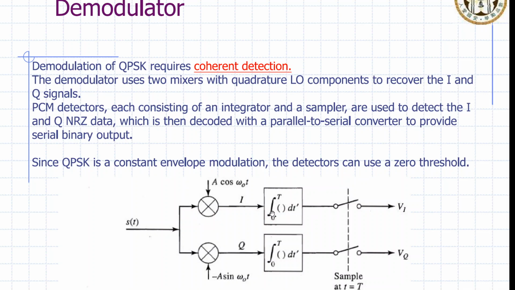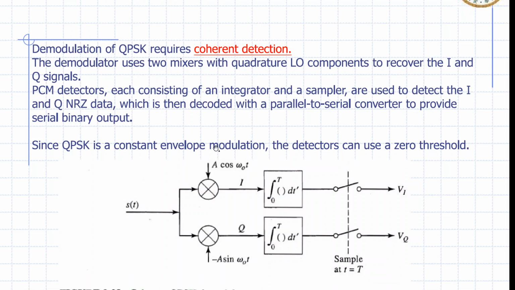This is the correlation receiver for the I channel. This is a multiplier followed by an integrator and sampler, that is the correlation receiver. So s(t) is coming, it is multiplied with cos omega 0 t, then integrated and then sampled at t equal to T. Similarly you have a detector for the second BPSK signal, that is the Q channel.